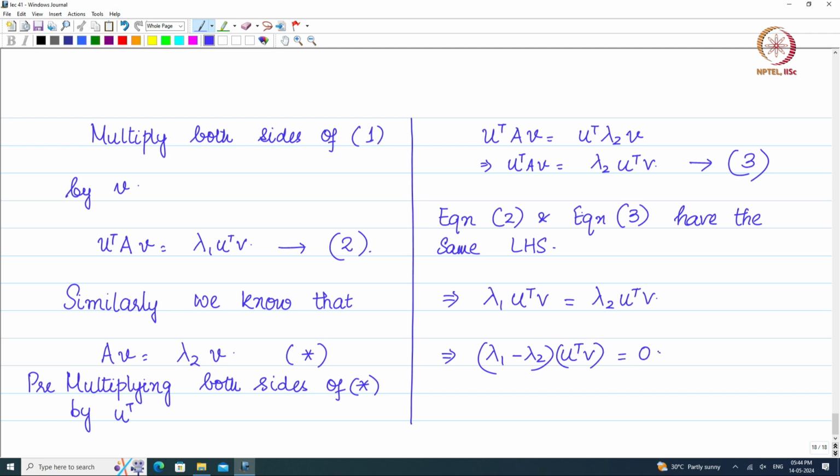Now, there are two things that can happen here. Either u transpose V is equal to 0 or lambda 1 minus lambda 2 is equal to 0, right.